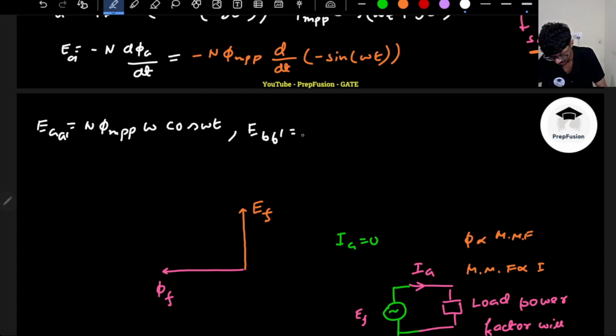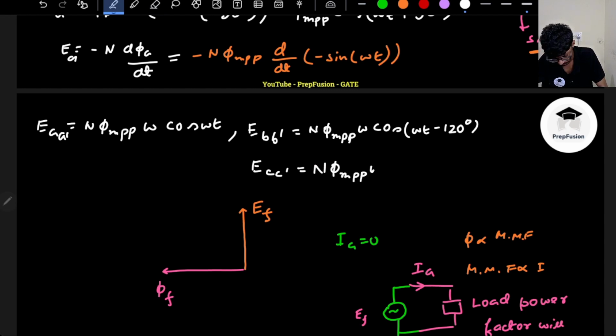Coil B dash will just be N phi mpp omega cos of omega t minus 120 degrees, and the third one cos of omega t plus 120 degrees.